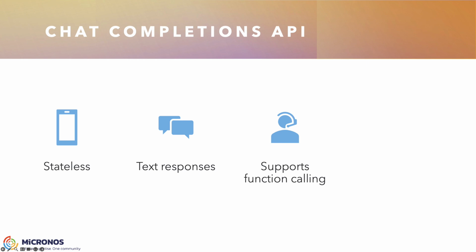It can then tell the developer, you should call a function first with these parameters and give me the results of that function for me to then include in the response to the end user. And you can, of course, do quite some nifty things with function calling. Now, in this Chat Completions API, there is no built-in tools support.